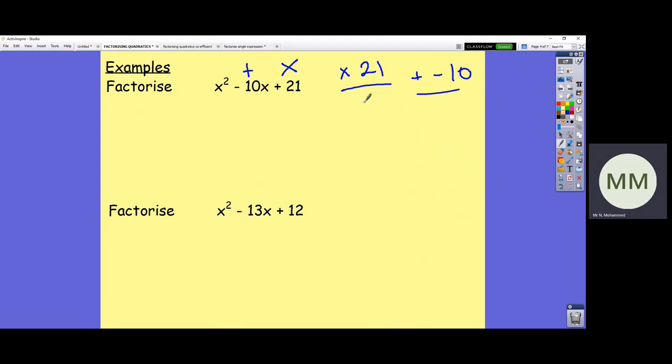So again, like the first example, I've got 1 and 21, I've got 3 and 7, then I've got minus 1 and minus 21, minus 3 and minus 7. The reason I got these minuses is minus 3 times minus 7, well, 2 negatives multiplied to give me a positive. So which of these factors add to give me minus 10? It's this last pair. So x minus 3, x minus 7.